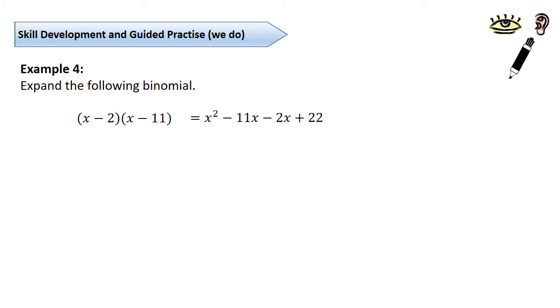So, expanding it all out, okay, we've got our first, outer, inner, last. So notice we had to be a little bit careful. We had 2 negatives, okay, and of course negative times a negative gives us a positive on our last one there.